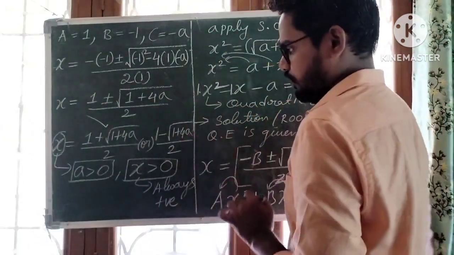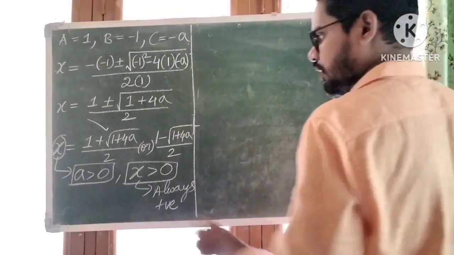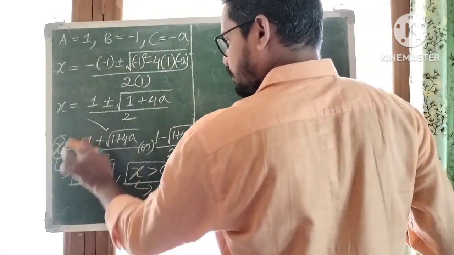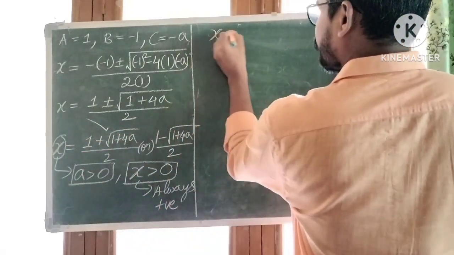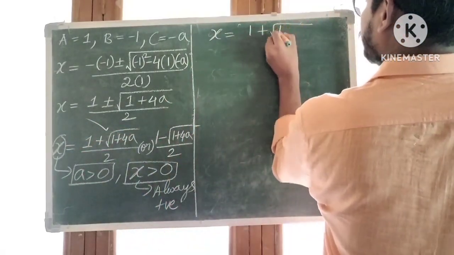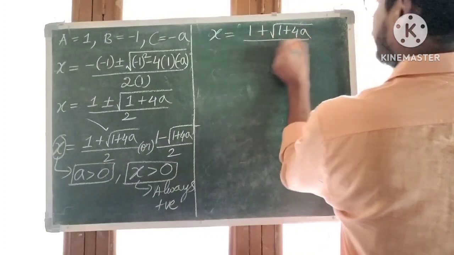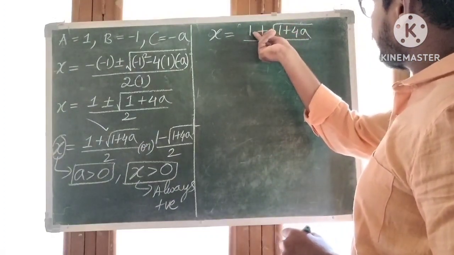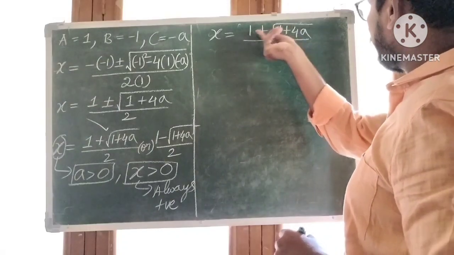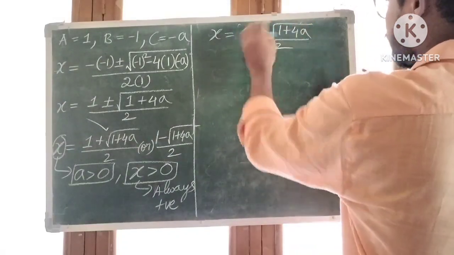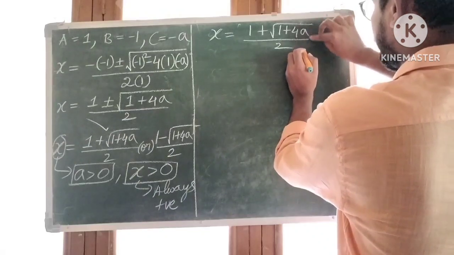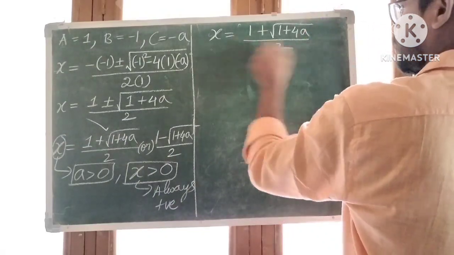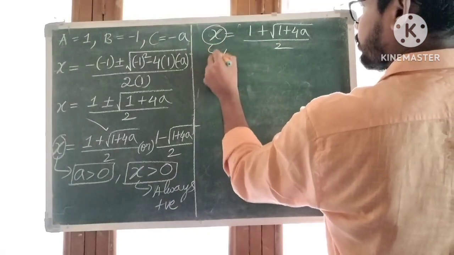Next, what about this solution? Among these two solutions, this is the correct solution: x is equal to 1 plus root over 1 plus 4a, by 2. Because here we have only positive signs. So for every value of a greater than 0, this x is always positive.